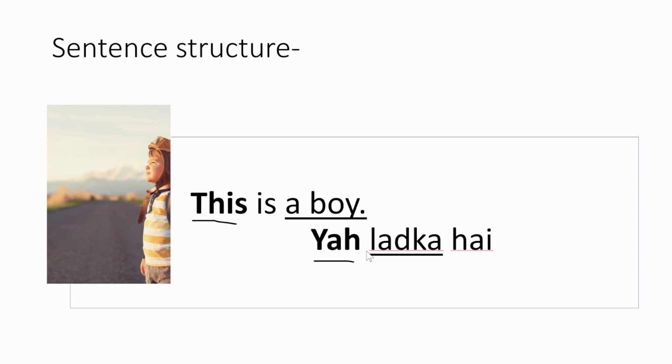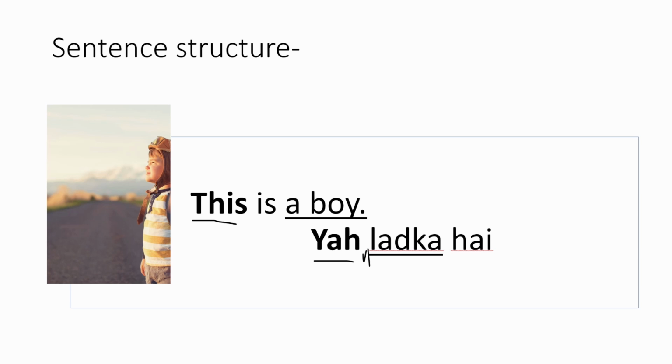You can say ek for a, but in Hindi we don't have the concept of articles. For a and the we don't have any meaning. If you wish you can write ek for a, but for the we don't have any meaning. So I hope you got how to say this is a boy: यह लड़का है.